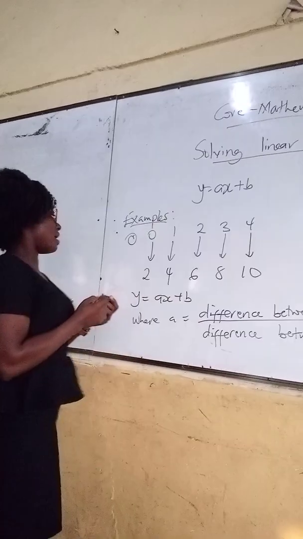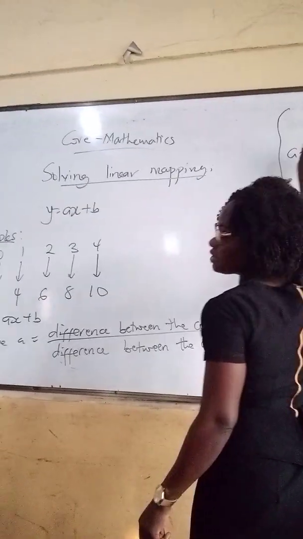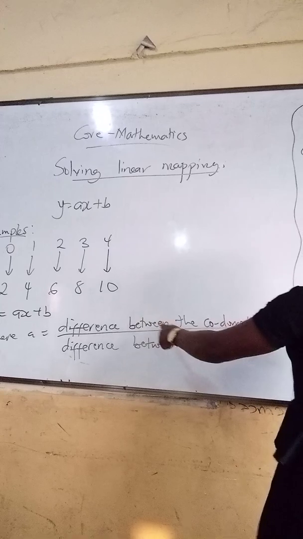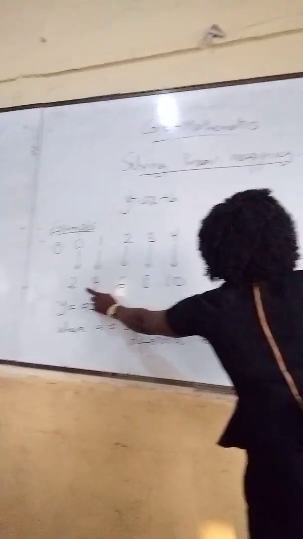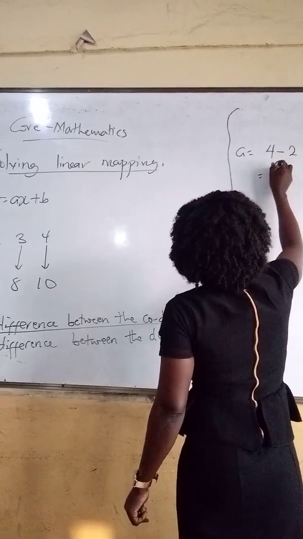Great. So from our example, what is our difference? Now let's state it. So a is equal to the difference between the codomain values. So if you take this one, it becomes 4 minus 2, which is equal to 2.